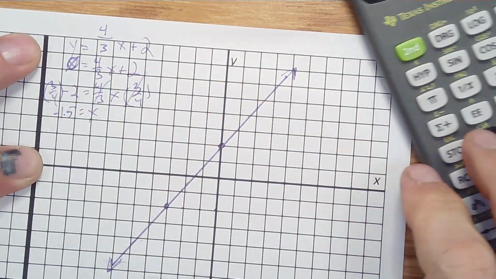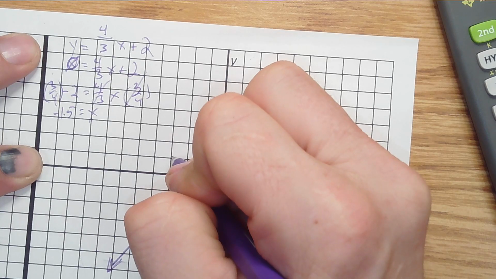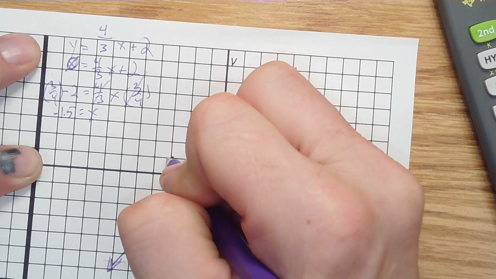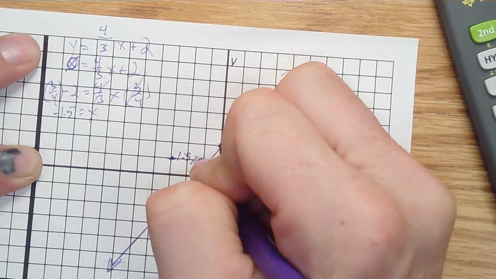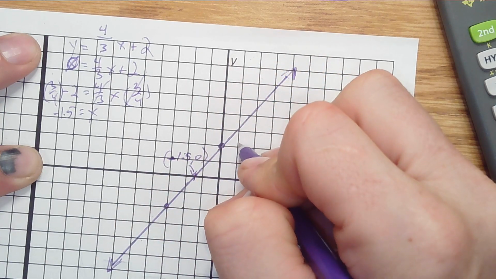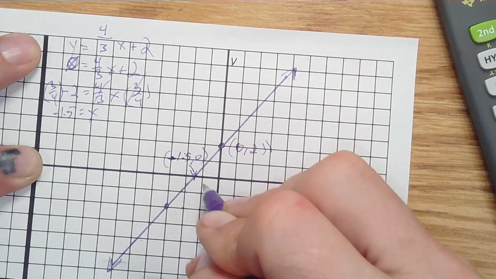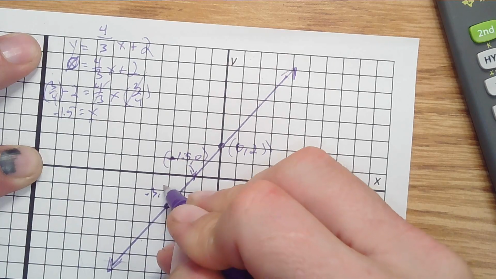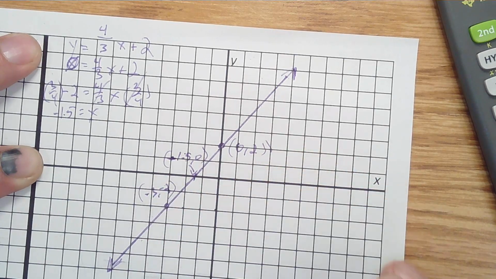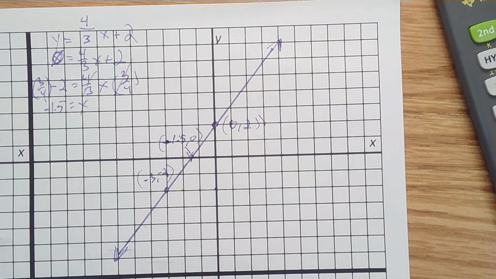So x equals negative 1.5. So this point is negative 1.5 comma 0. And this is 0 comma 2. This is like negative 3 comma negative 2. Okay, so that is my line with some points on it, derived from this equation.